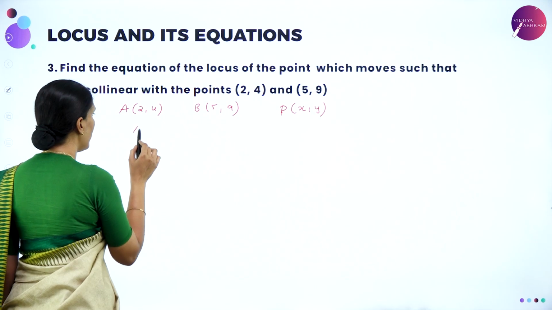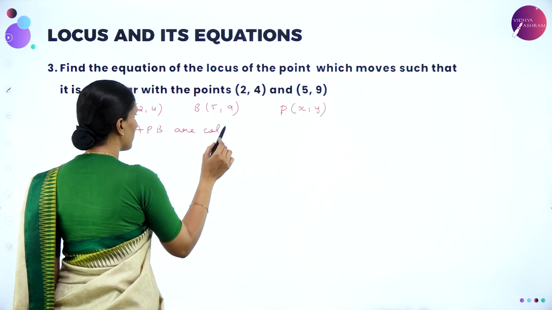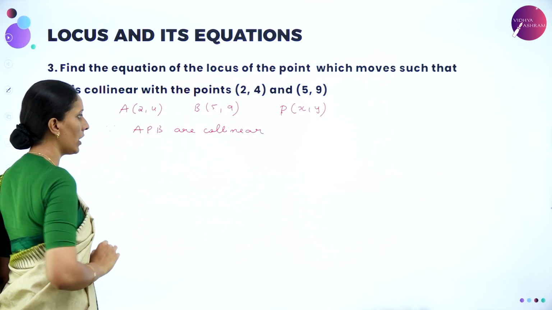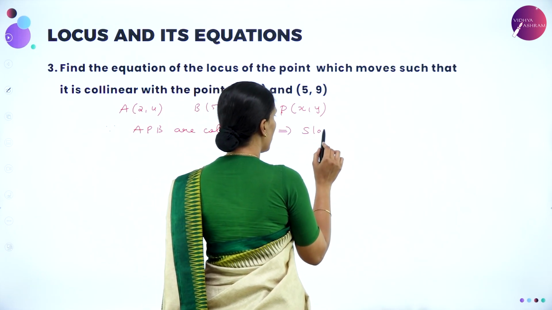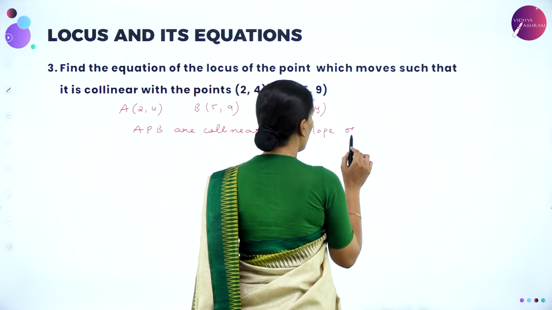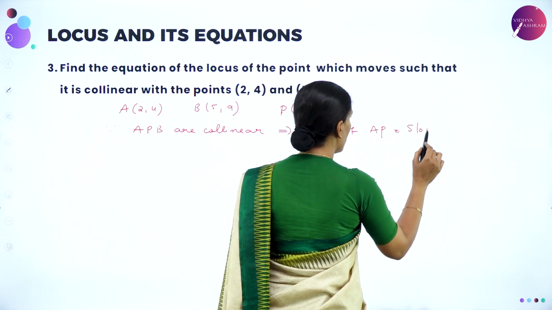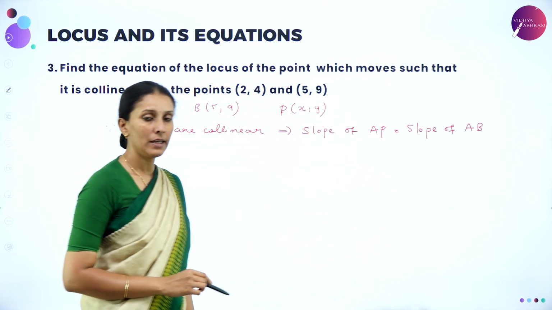So they have given A, P, B are collinear. Now since these points are collinear, the slope of AP is equal to slope of AB. So they must be the same.